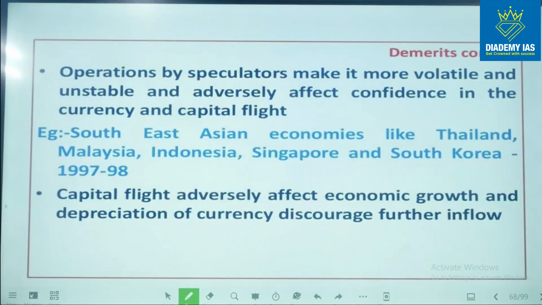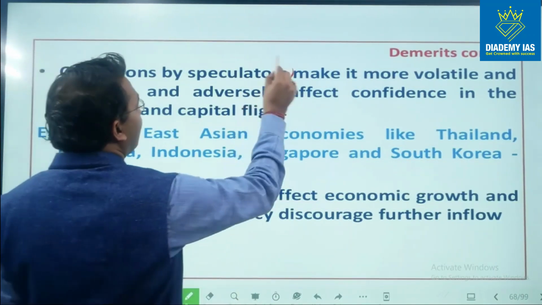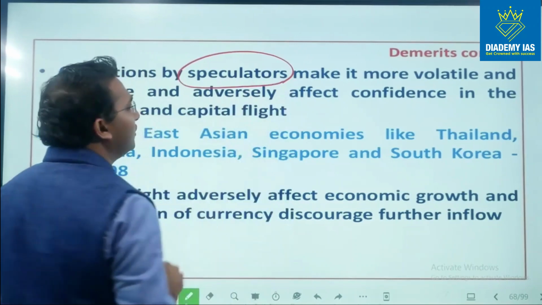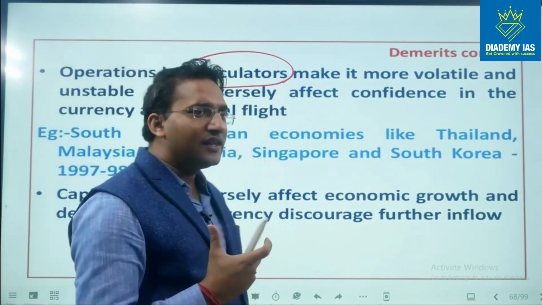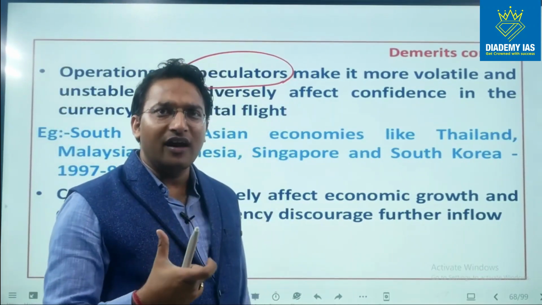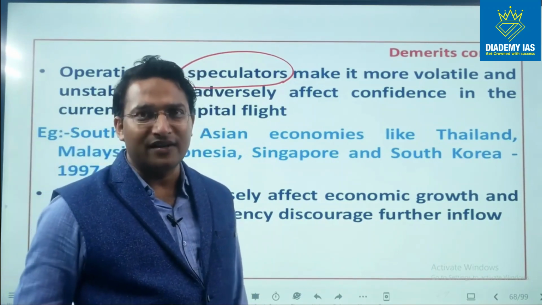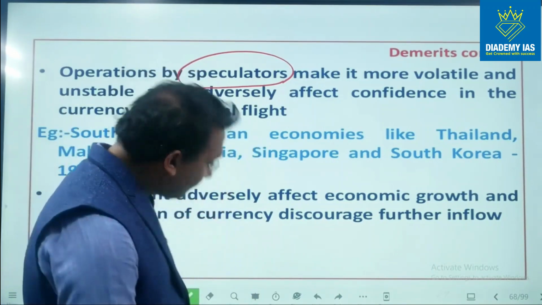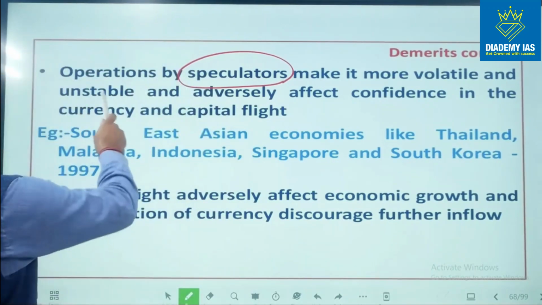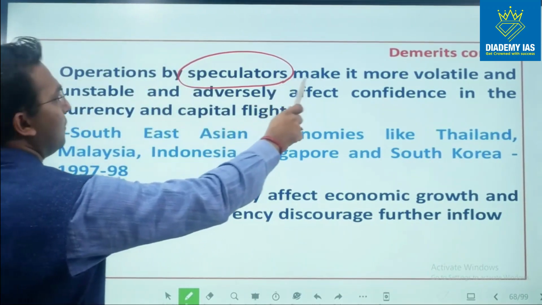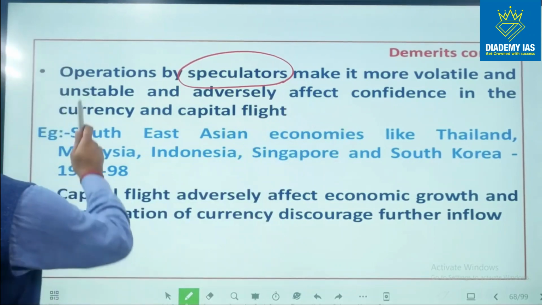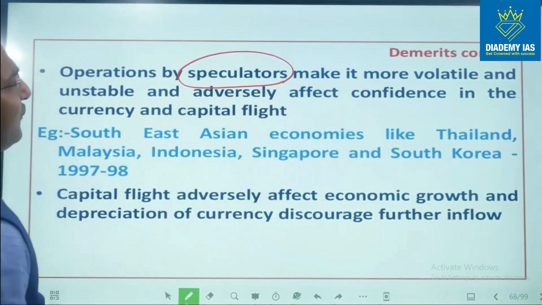Operations by speculators make it more volatile and unstable. So speculators are the people who look for situations where they try to gain from the fluctuation in the currency prices, right? Operations by the speculators make it more volatile and unstable and adversely affect confidence in the currency and cause capital flight.